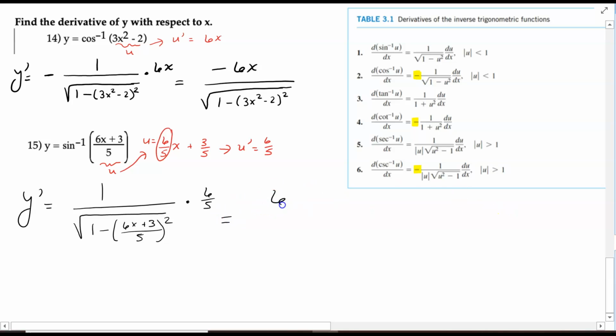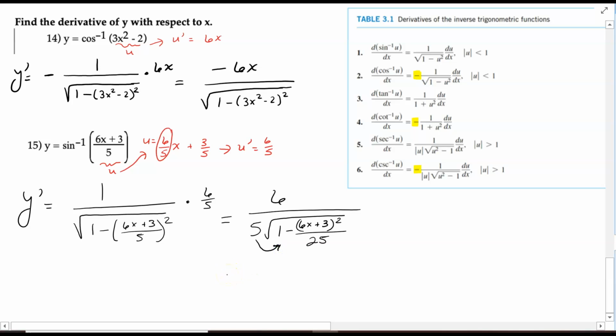You end up with something like this, 6 over 5 times the square root of 1 minus, and I'm going to leave the 6x plus 3 on the top squared. I'm going to square the denominator rather, 25. And that's actually going to give me something kind of interesting, because I could actually pull this 5 back in here.